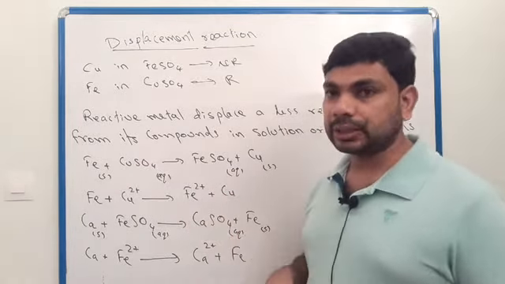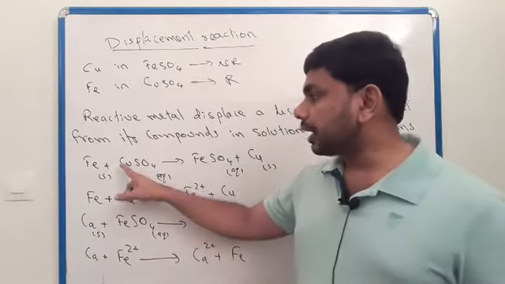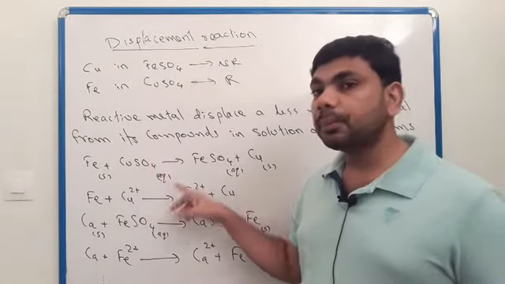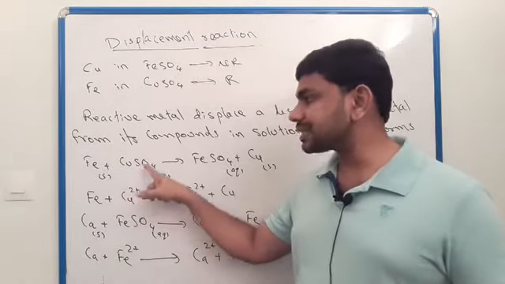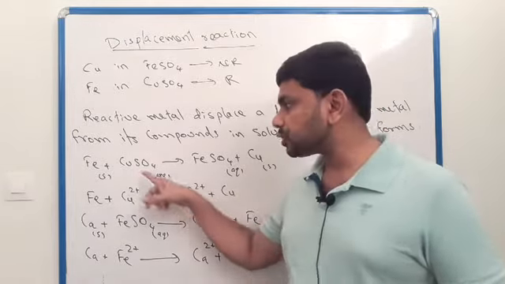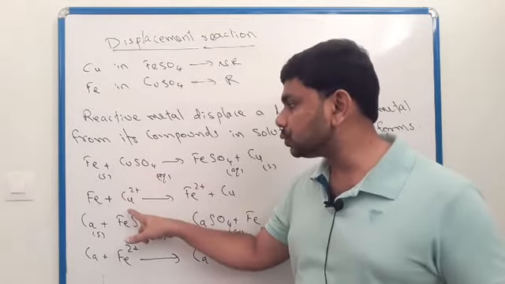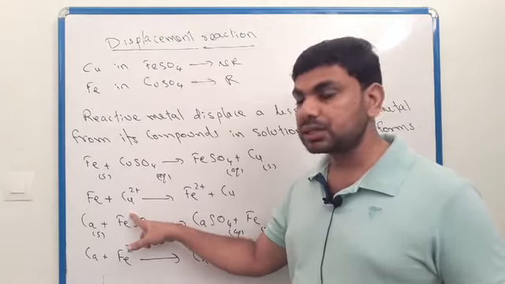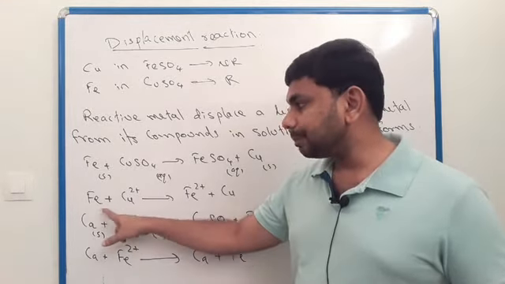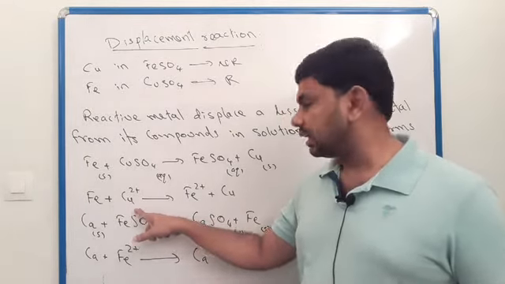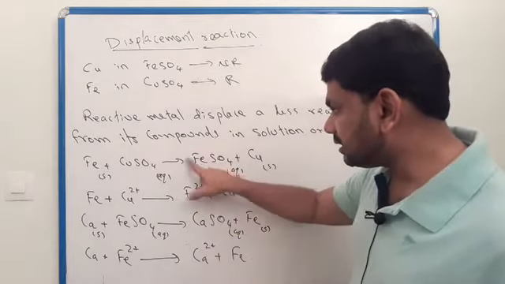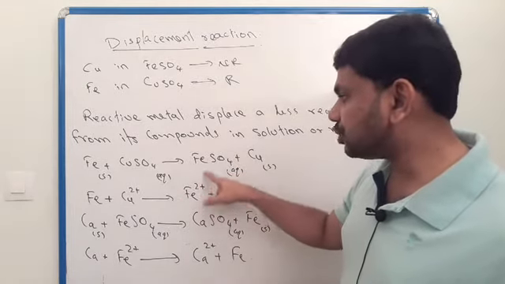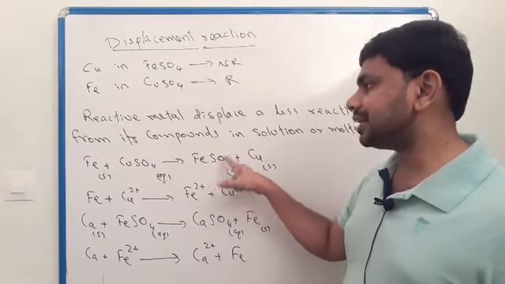Similarly, we can write its ionic equation. Ionic equation means here aqueous copper sulfate gives Cu2+ and SO4 2-. So we will use Cu2+: Fe plus Cu2+ giving Fe2+ and SO4 2-.